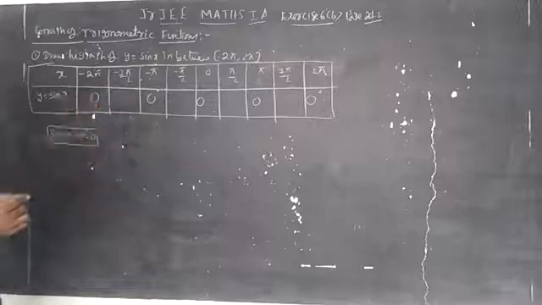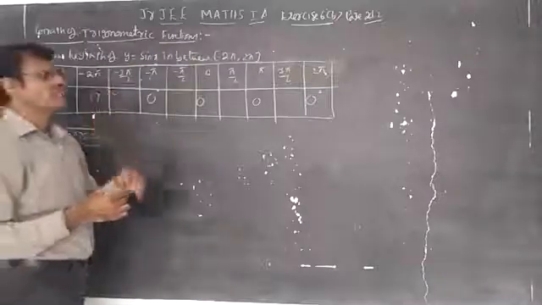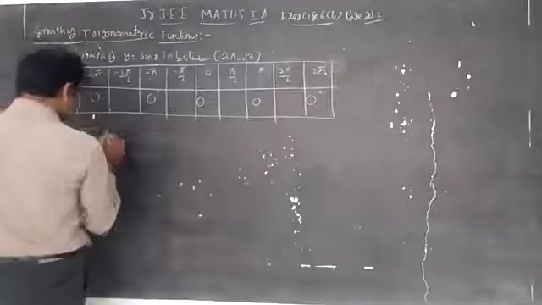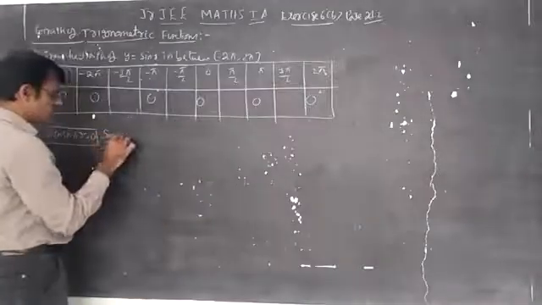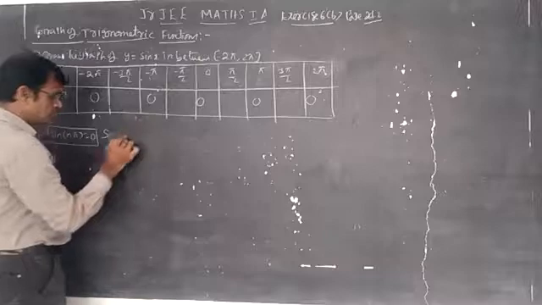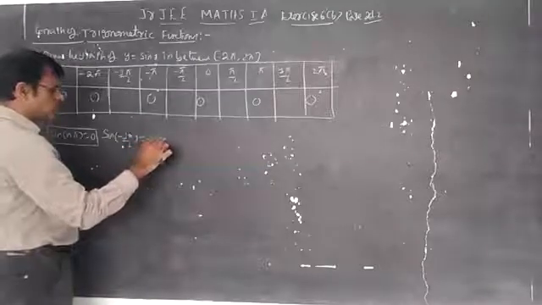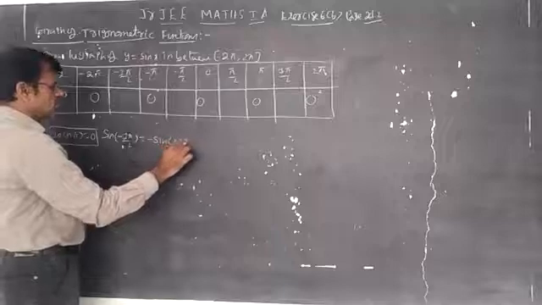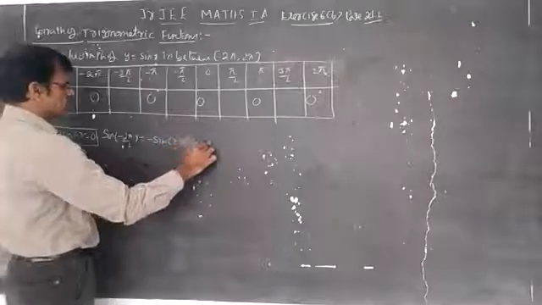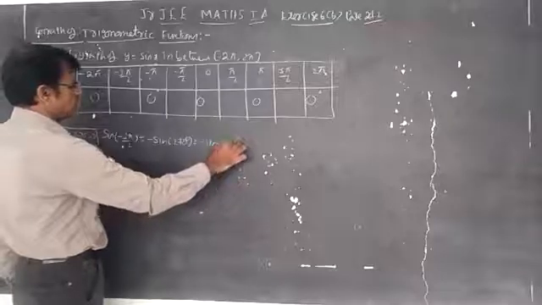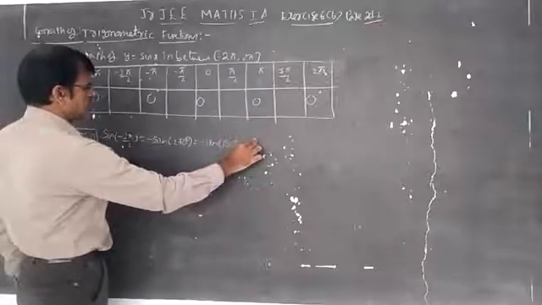Now minus 270. Sin of minus theta means minus sin theta. Now I am going to discuss sin of minus 3 pi by 2. Sin of minus 3 pi by 2 means minus sin of 270, minus sin of 180 degrees plus 90.